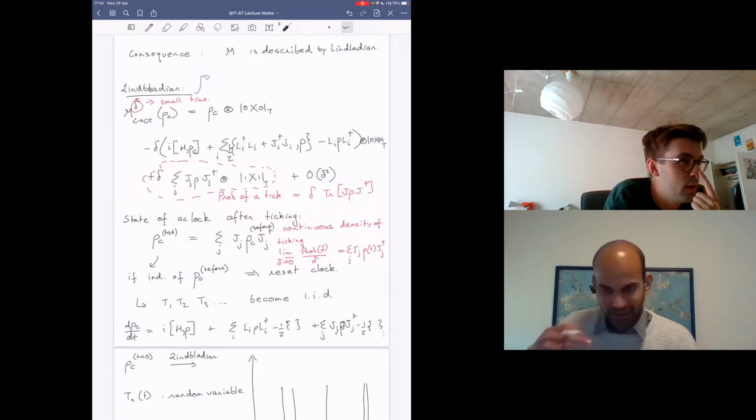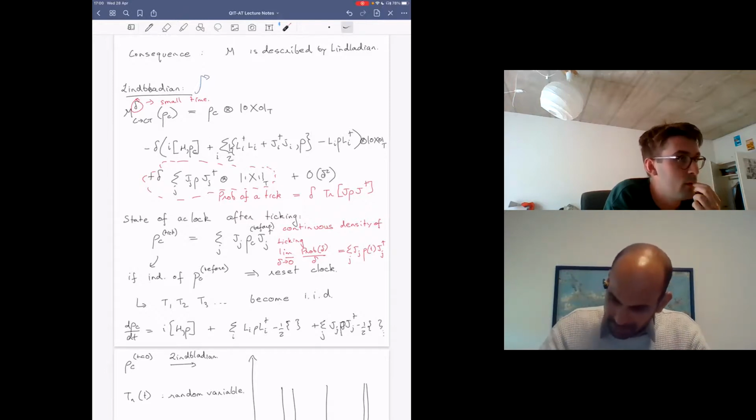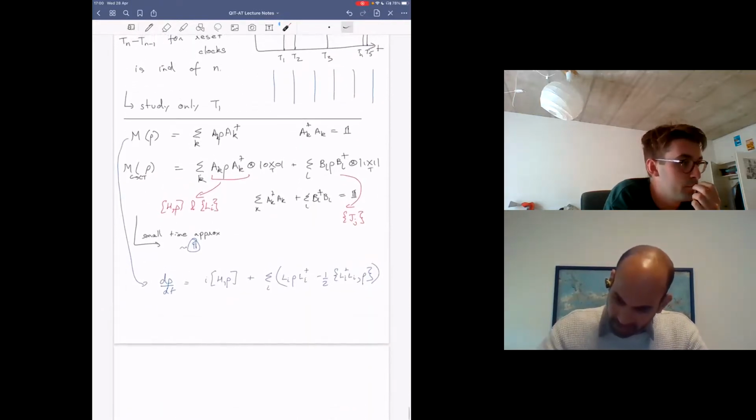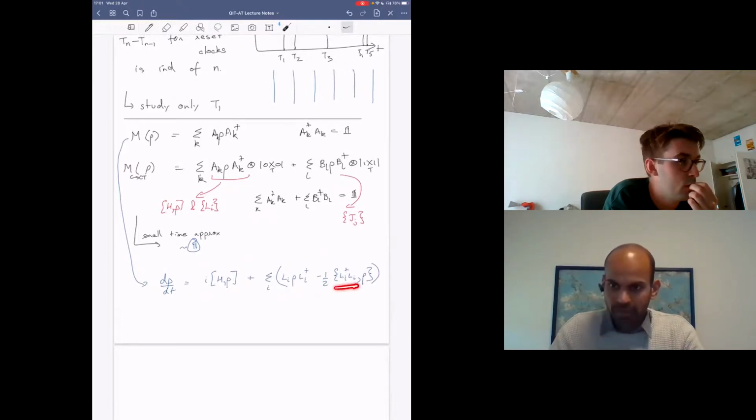So this is really an artifact of when you go through this proof. If you remember the proof of that statement, you take the Kraus operators and then you split them and you end up with the H term, you end up with the L term, and then you end up with some term that you derive must be of this form just by normalization.